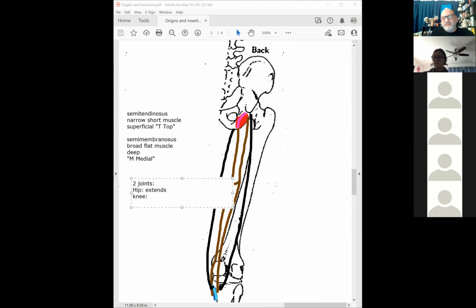Being a posterior muscle, what is the most obvious effect on the knee? Flexes. Excellent. And notice this one comes again at an angle, only this way it attaches to the medial side. So as it pulls on the back, it brings the front of the femur towards the midline. So what is its third action? Medial rotation.